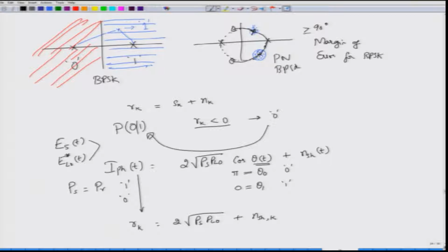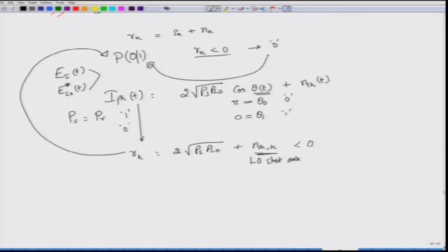If this received signal, because of the noise that you have, which is mostly limited by the LO shot noise, that we are assuming is giving you the largest component of the noise, then if this combination is less than 0, there is a probability that you would have mistaken the received signal as a bit 0. Although you have transmitted 1, you are going to declare the bit as a 0, which would be in error.